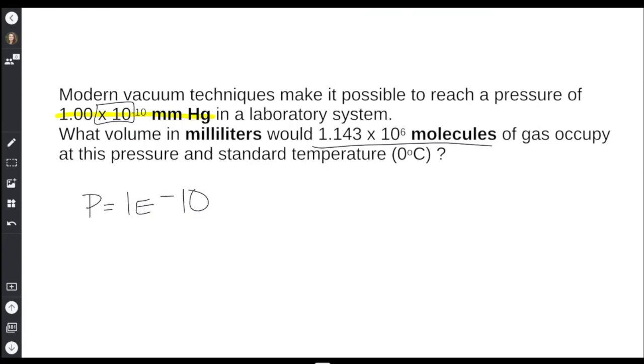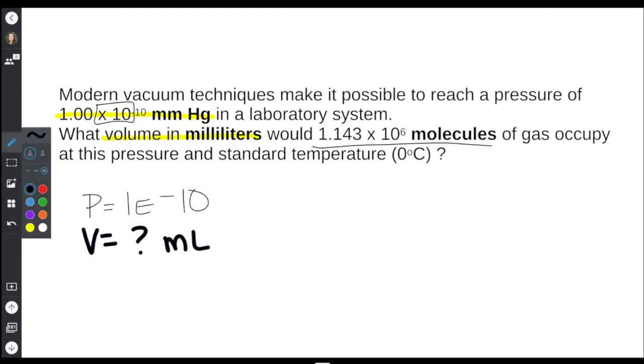So what volume? I'm looking for volume in milliliters. So I know that my V is the question mark, and I want it in milliliters. Would 1.143 times 10 to the negative 6 molecules of gas occupy?